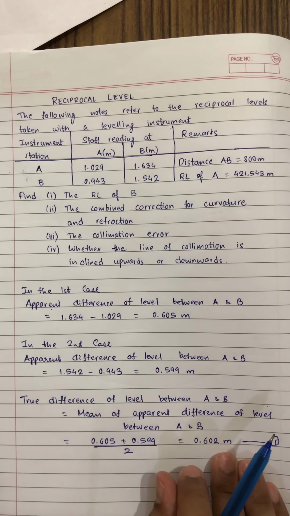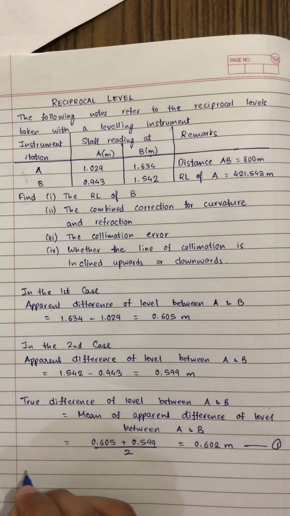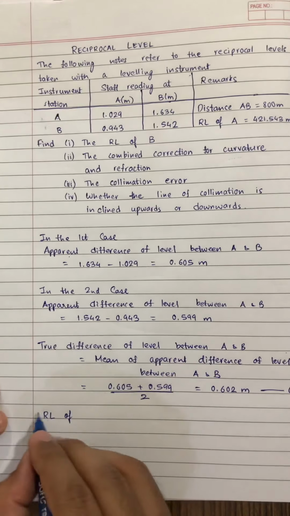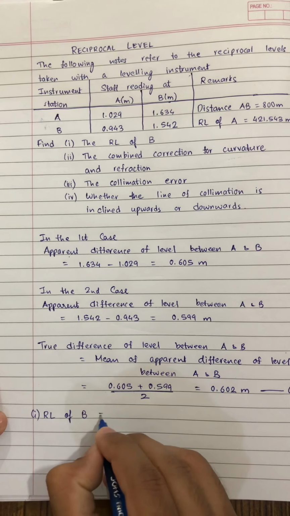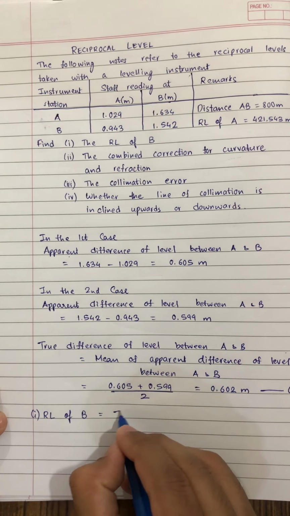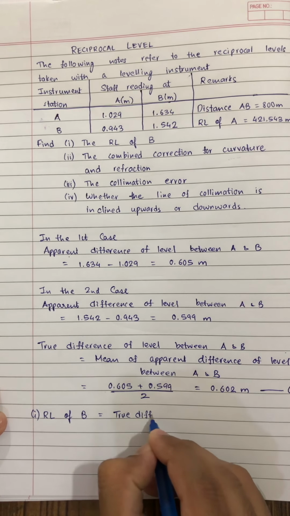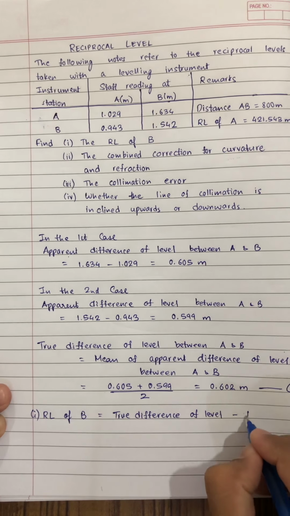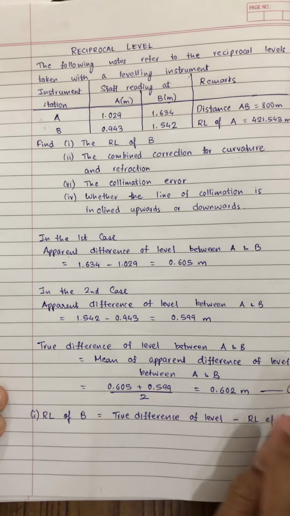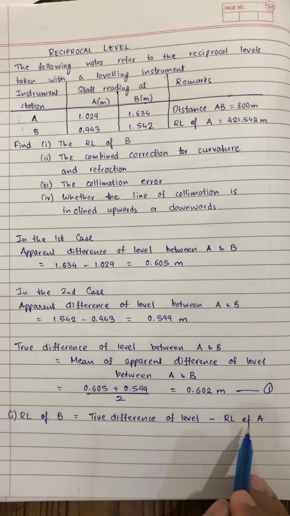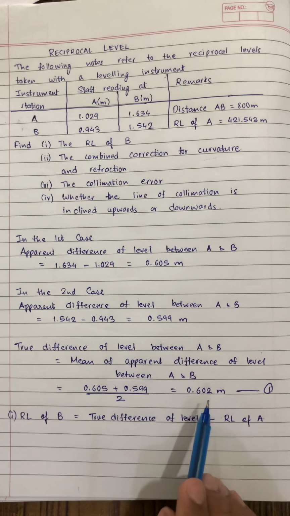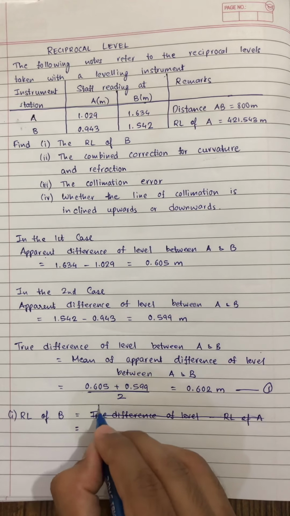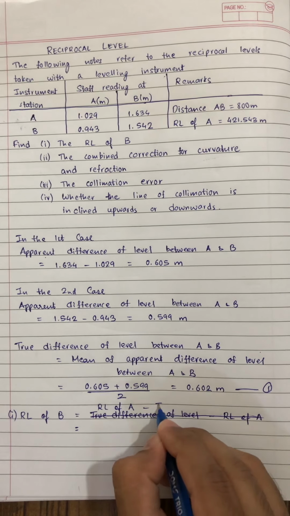Now, as we got the true difference of level between A and B, we can find the RL of B. So first, you have to find the RL of B. The RL of B will be equal to RL of A minus this true difference.